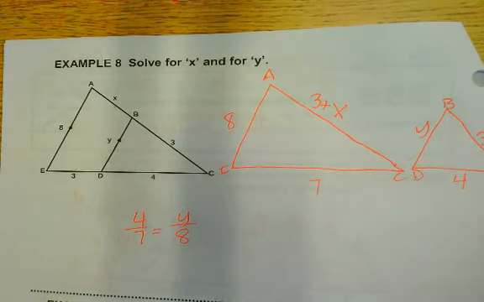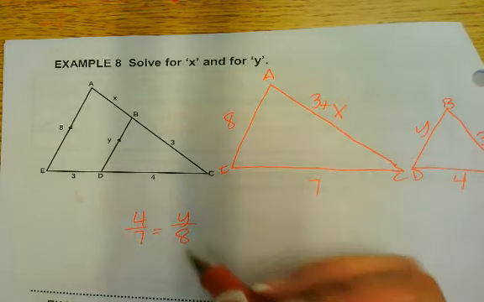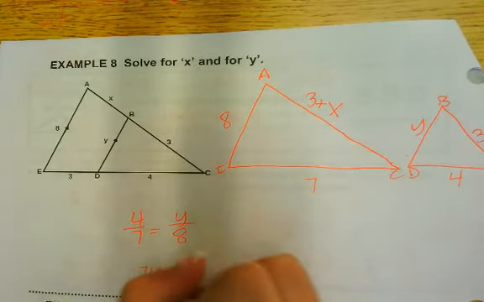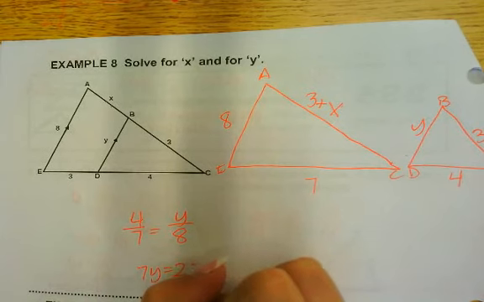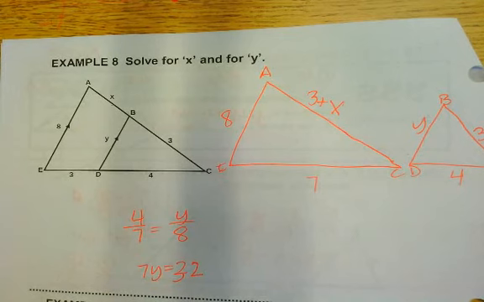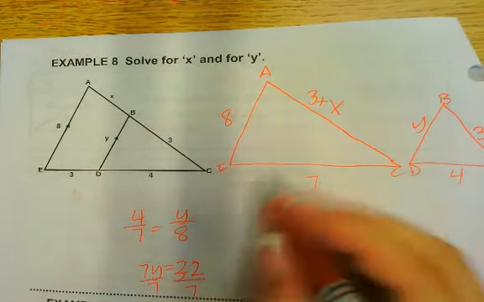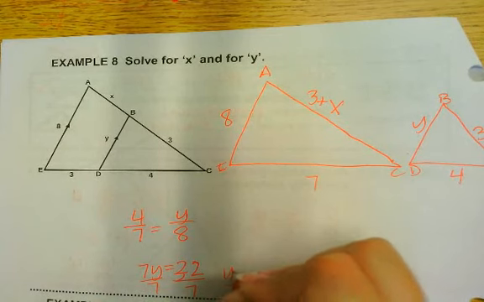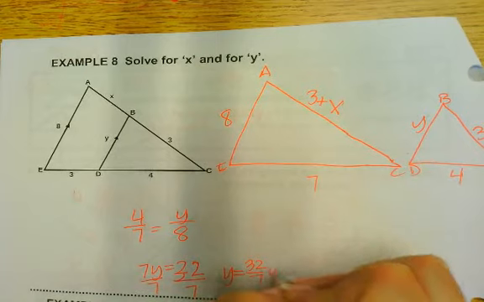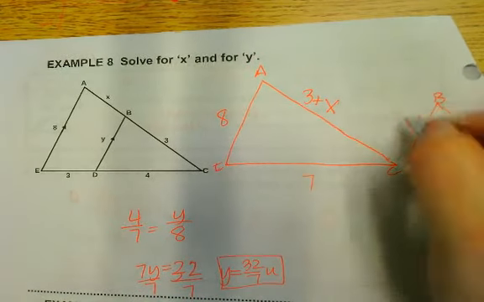It's all the same. So you have 7Y equals 32. So what would Y equal? You don't have to tell me a decimal. What fraction? 32 over 7. So you know Y is 32 over 7.